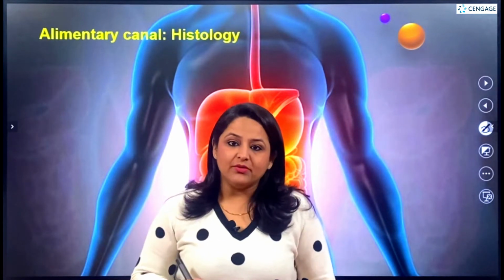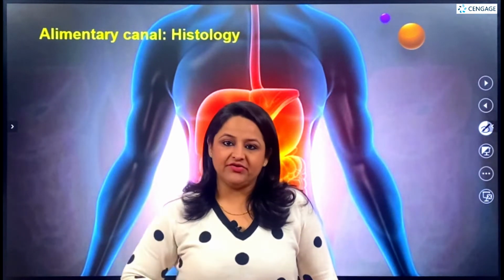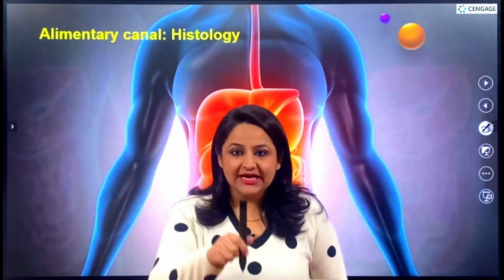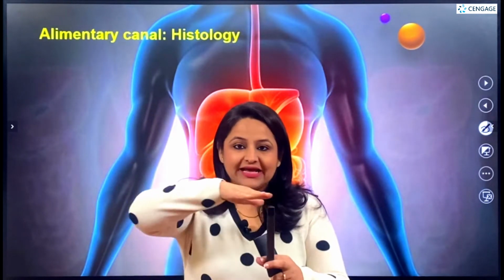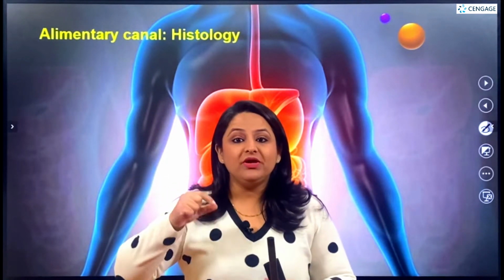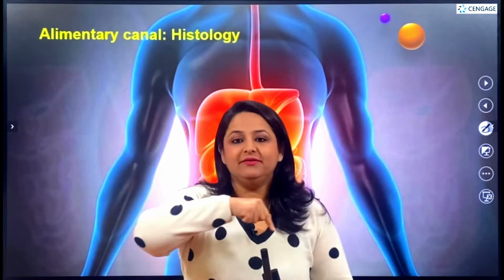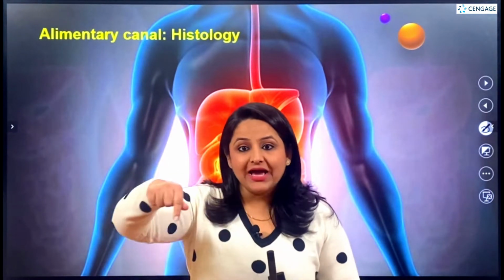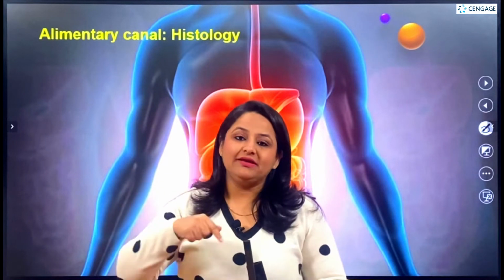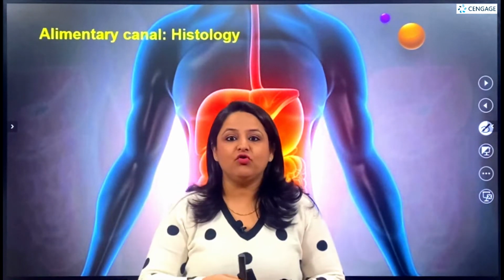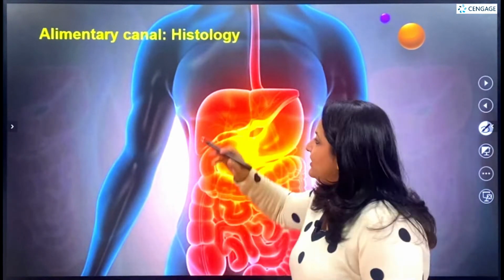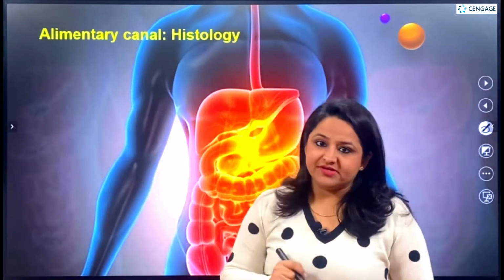We will now talk about the histology of the alimentary canal. So if we take the alimentary canal and take a transverse section, we will get the wall of the alimentary canal. If we look at the section of the wall, we will see the various layers which are present.